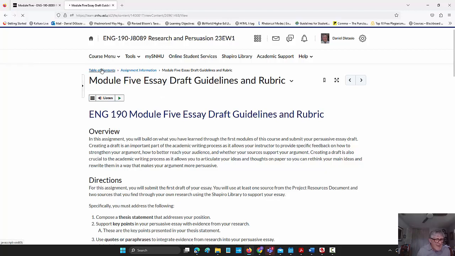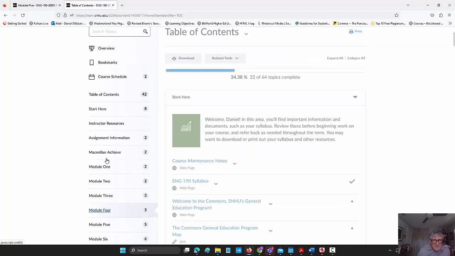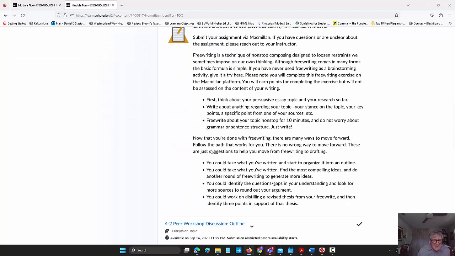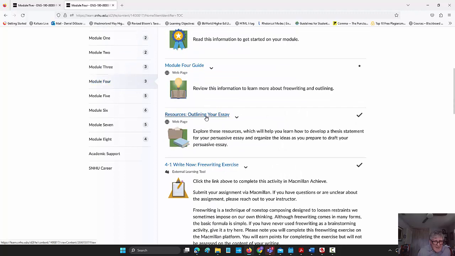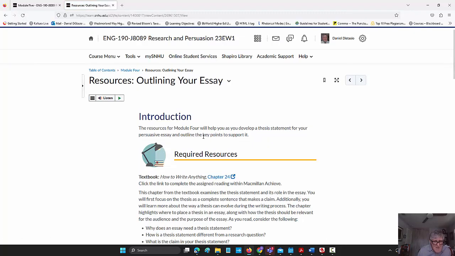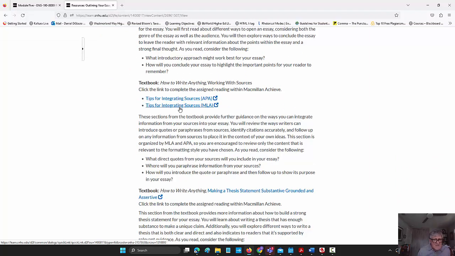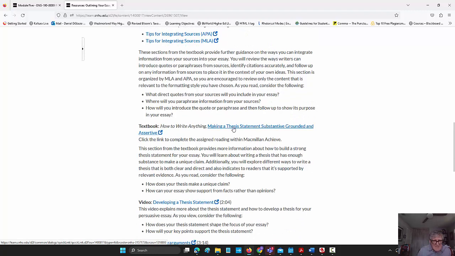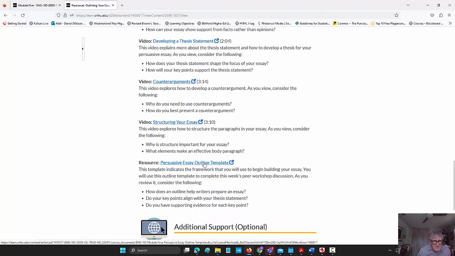One is if we go back to Module 4. In Module 4, we had some great resources, and they included, here we go, under resources outlining your essay, there was quite a bit of reading, but then there's also tips for integrating sources, and that's something that can help you in the writing of your essay, how to make a thesis statement, substantive, developing your thesis statement, structuring your essay, and persuasive essay outline template, which you used in week 4.